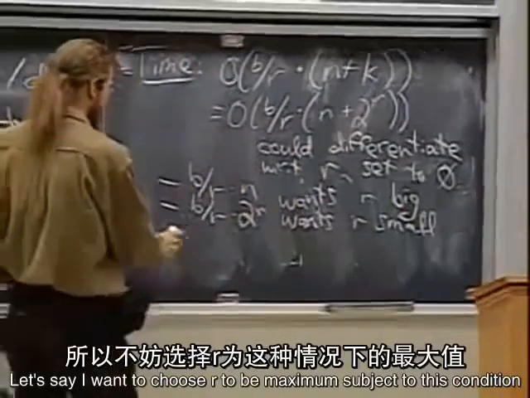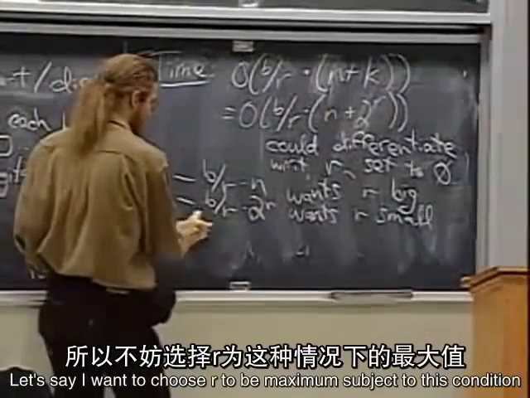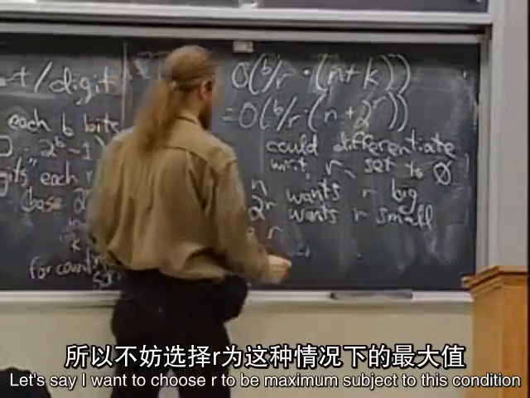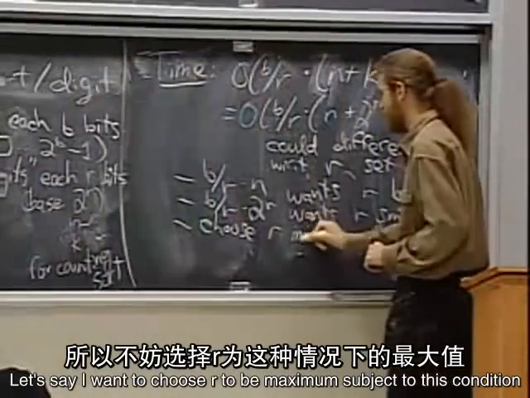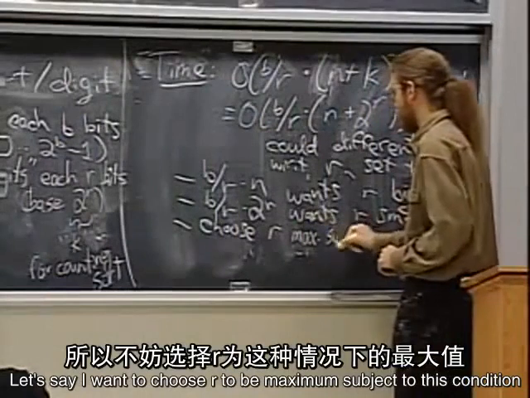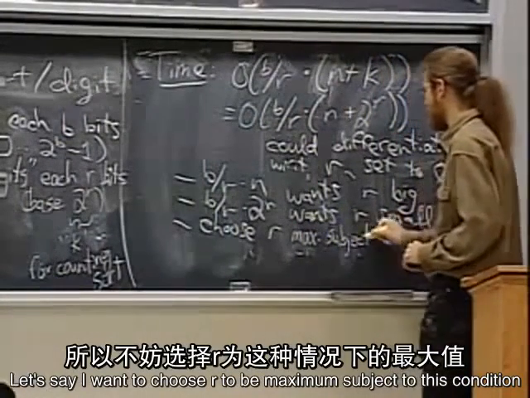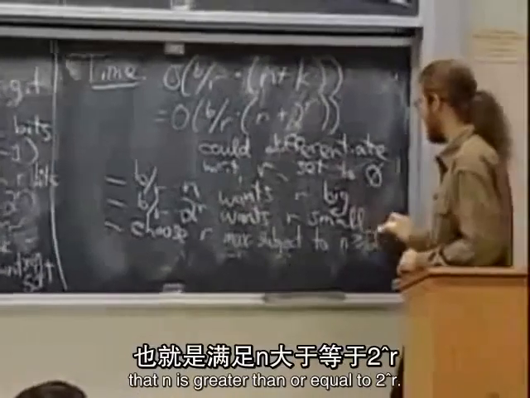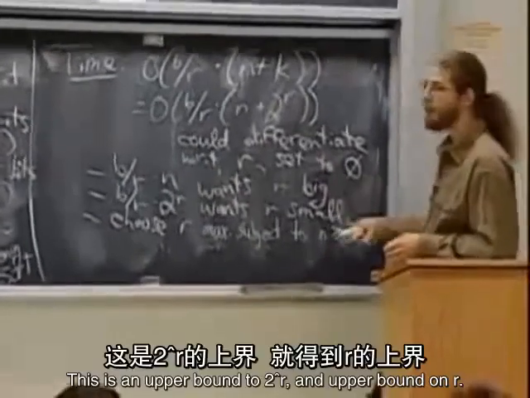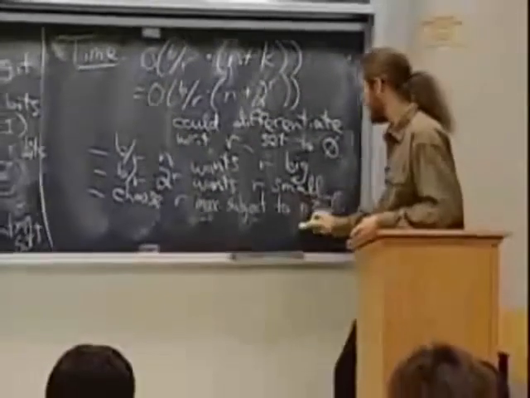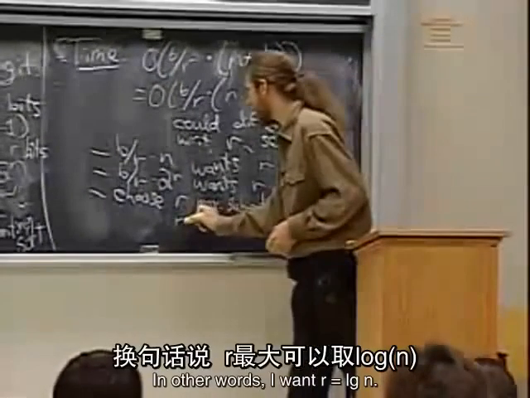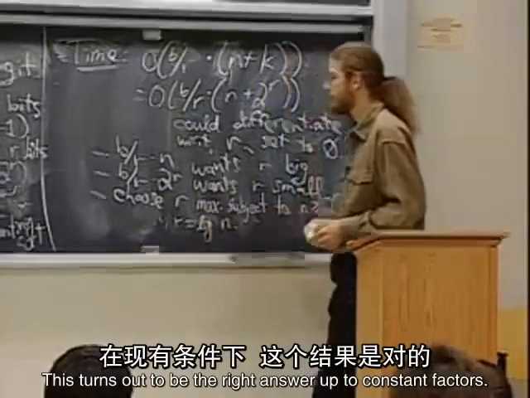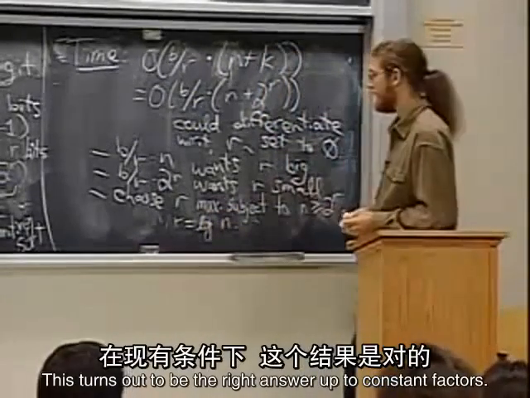So let's say I want to choose r to be maximum subject to this condition that n is greater than or equal to 2 to the r. So this is an upper bound on 2 to the r, an upper bound on r. In other words, I want r equal to log n. This turns out to be the right answer up to constant factors.